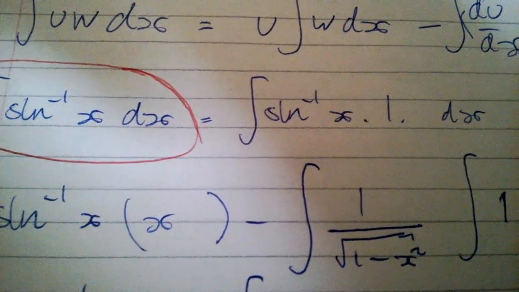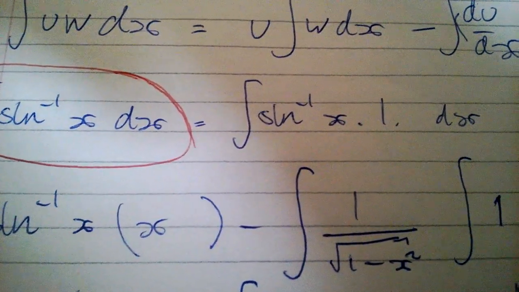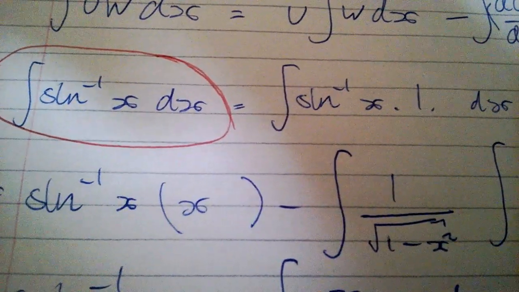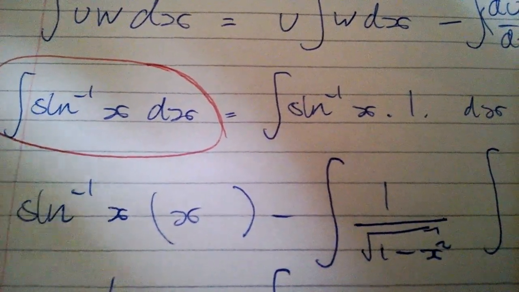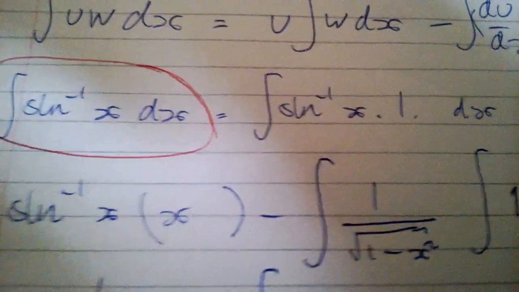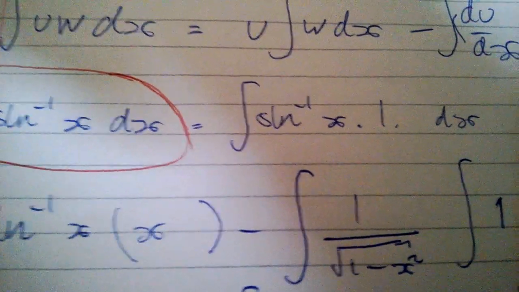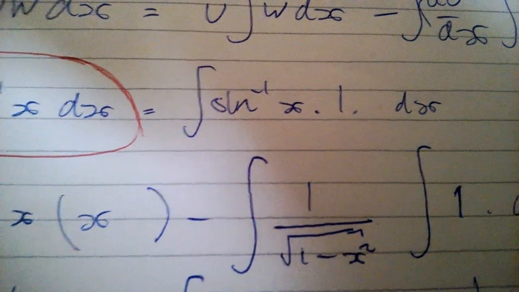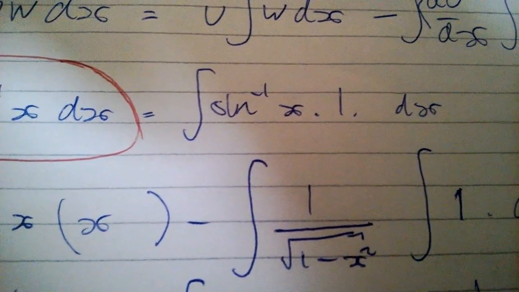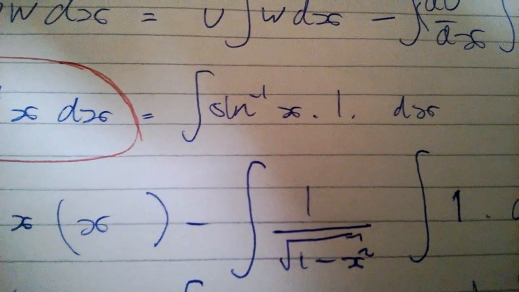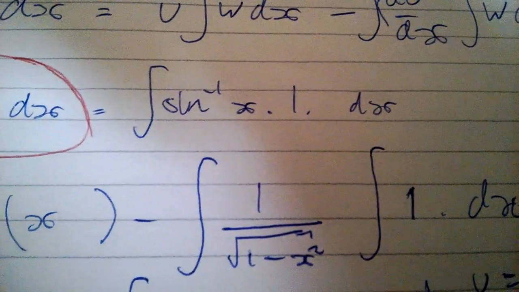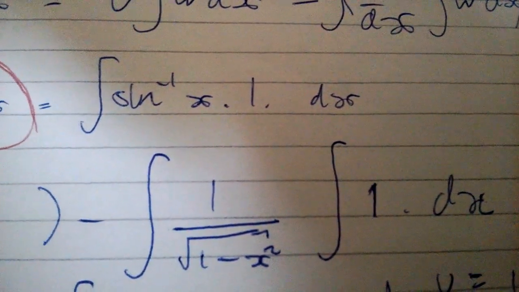The rule is to take the first function on its own, sine to the minus 1 x, and integrate the second one, which is 1. So I've got sine to the minus 1 x all times x, and then I've got the integral of the derivative of sine to the minus 1 x times the integral of the 1 dx.